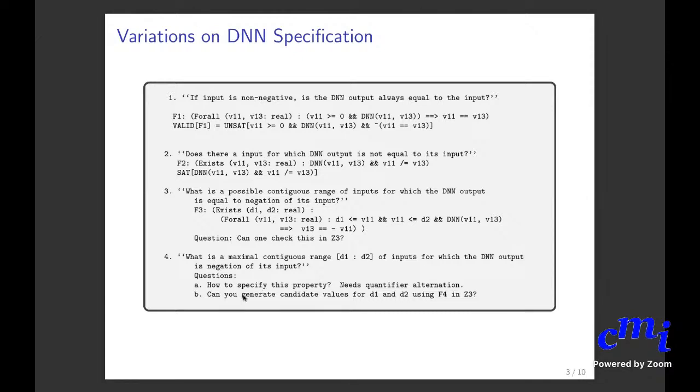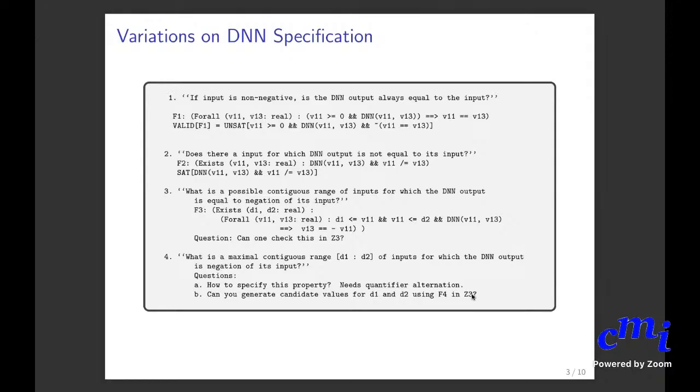And then devise an algorithm which reduces checking and generating values for D1 and D2 in terms of making repeated SAT or UNSAT calls to Z3. Okay, so that's what. Any questions here?